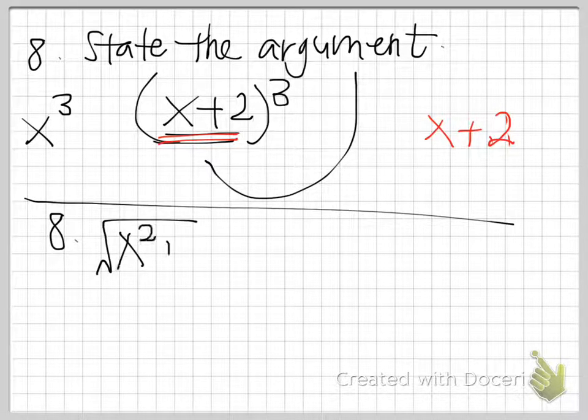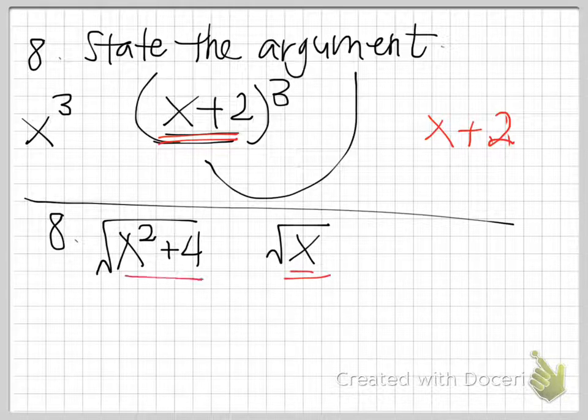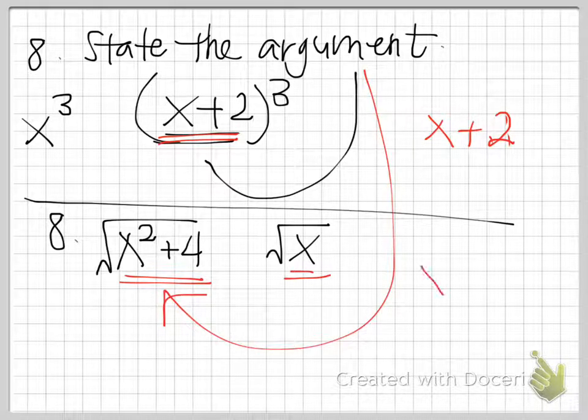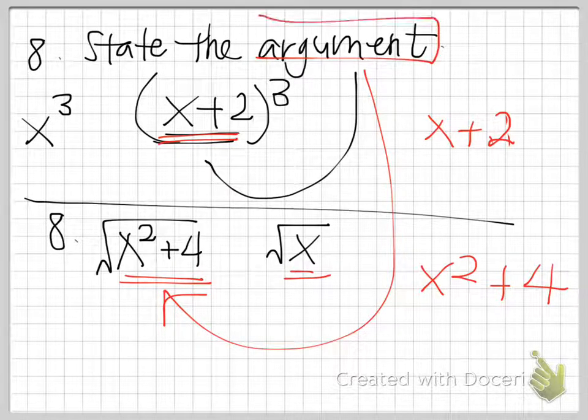It was square root of x squared plus 4. So normally the function would have been square root of x, but now we're square rooting this whole thing. So the argument is x squared plus 4. Some of you guys actually thought that I wanted you to argue what about this function is true. No. That's not what the argument meant. You need to go back to your notes and look up what argument means.